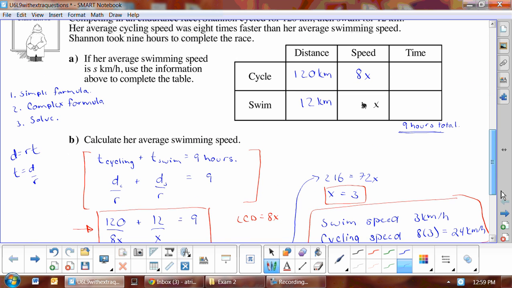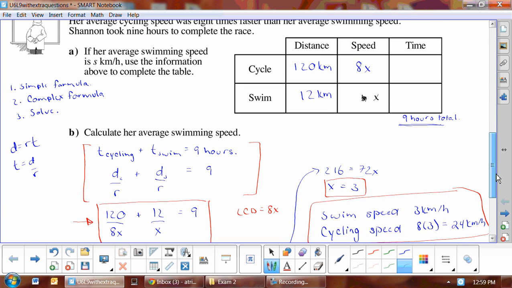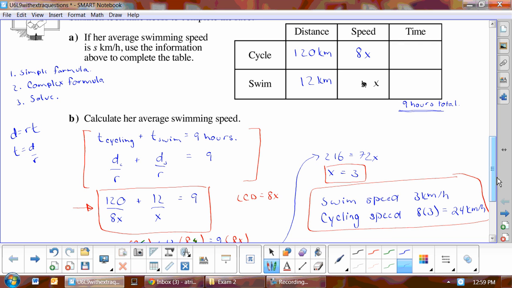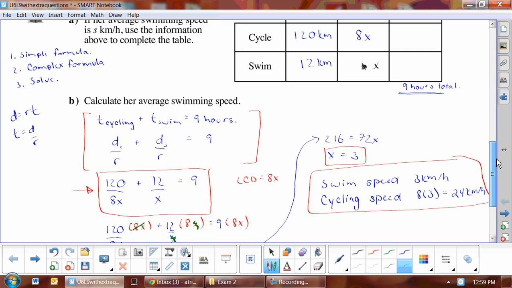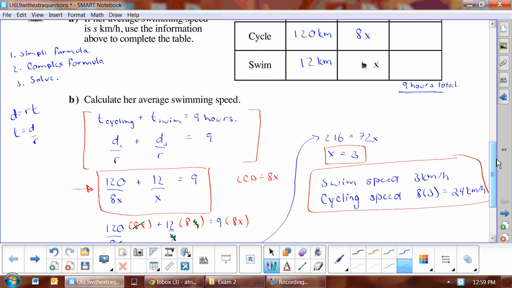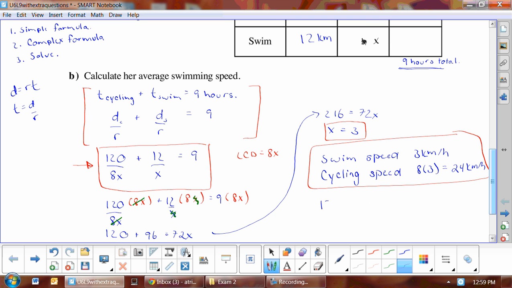Oh, perfect. Thank you for reminding me. So now that we know our speeds, we can fill in the time part on the chart. So we know that time is distance over speed. So we can go 120 over 24. So how about someone with a calculator?